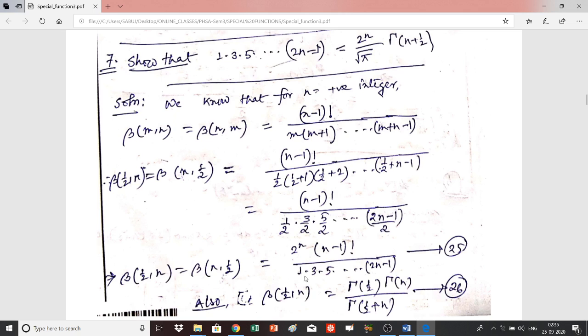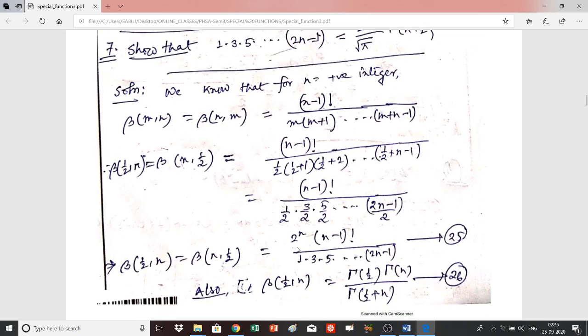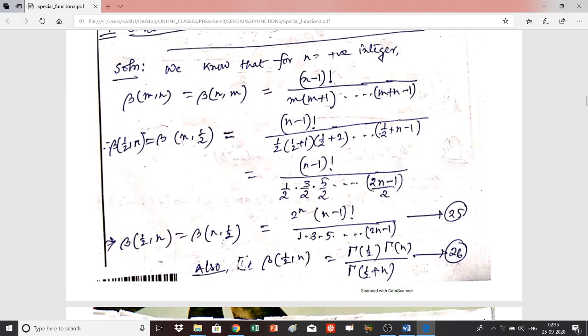And let's see, all the terms in this series contain 2, so if you consider all these 2 you can write 2 to the power n. So 2 to the power n comes here. Okay, so 2 to the power n minus 1 factorial by 1, 3, 5, in this way 2n minus 1.